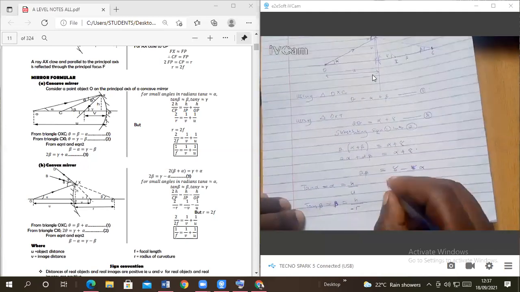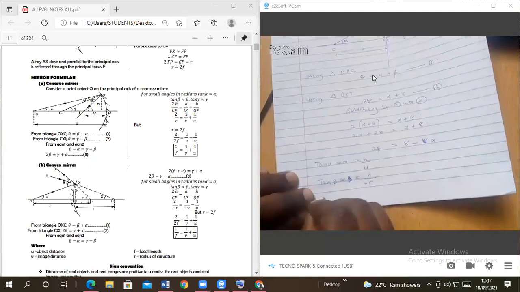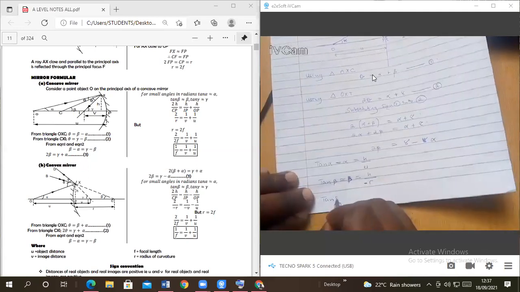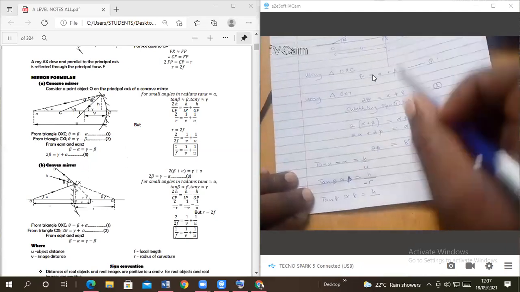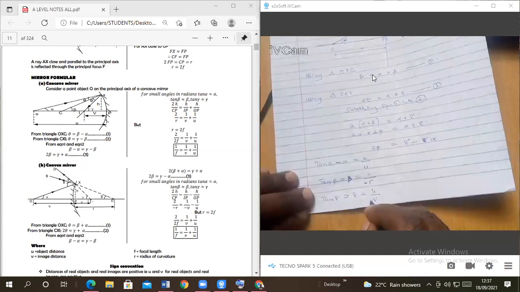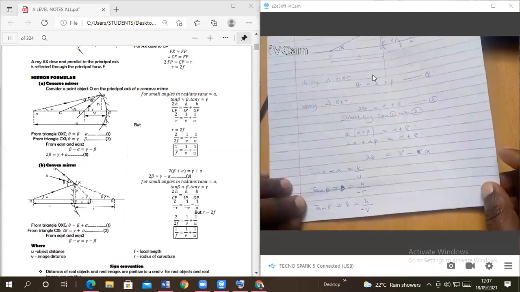The other one is tan gamma, which is also approximated to gamma, which is equal to h out of v. But also you should know that v is also negative.